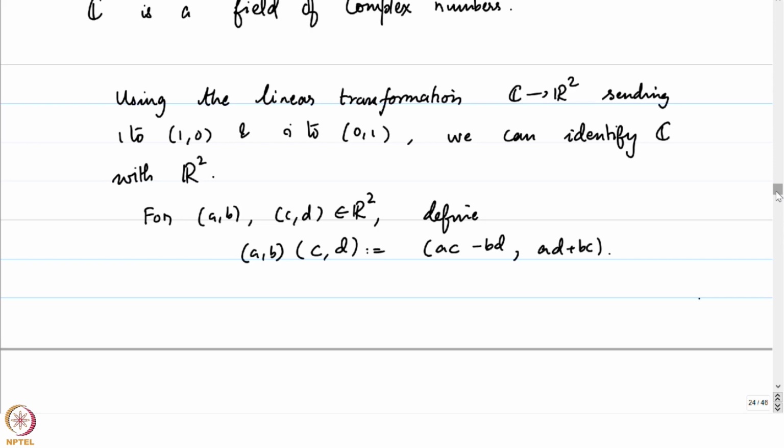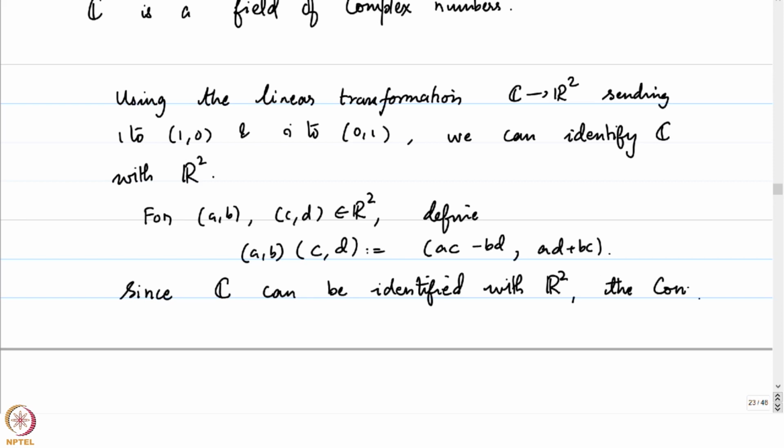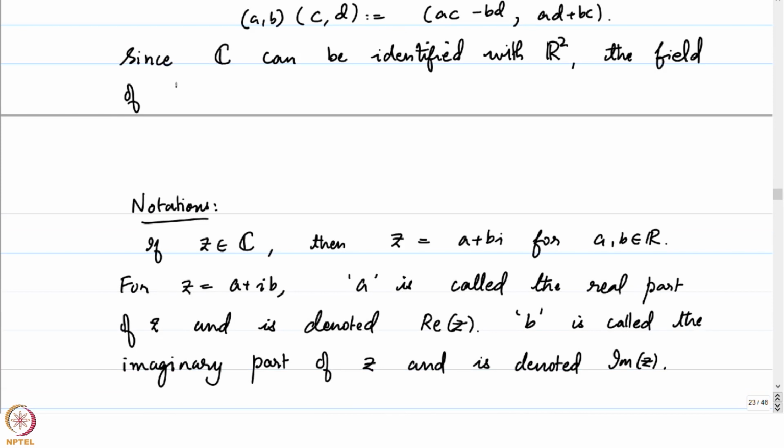And because C can be identified with R^2, the field of complex numbers is also sometimes referred to as the complex plane. So let me just note that here.